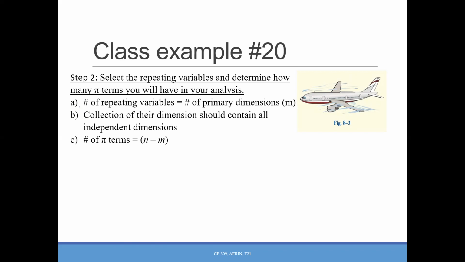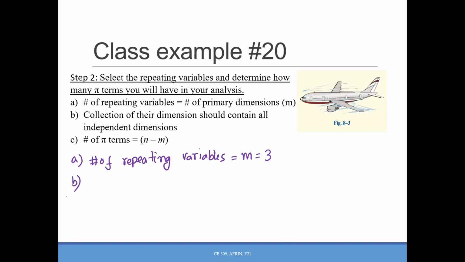The very first one is how many repeating variables we will have. The number of repeating variables equals the number of primary dimensions, which is m, which is 3. Now we know how many repeating variables we will have.